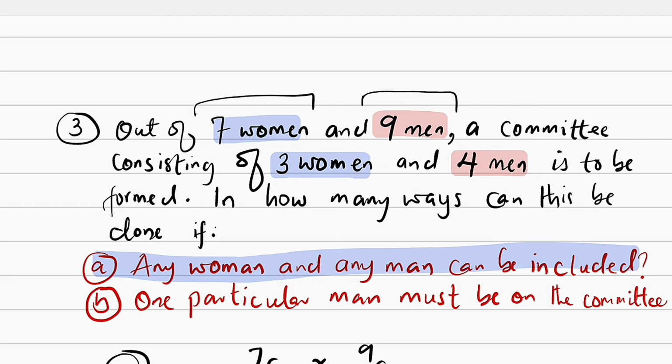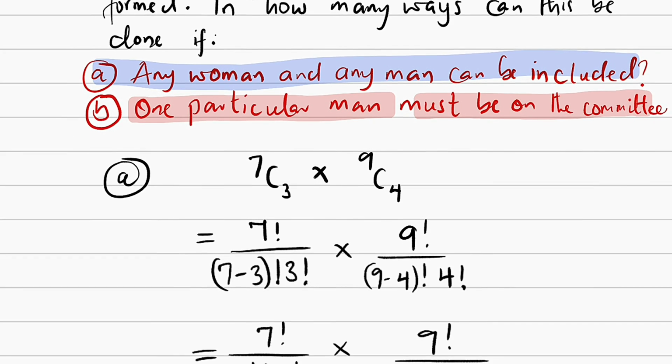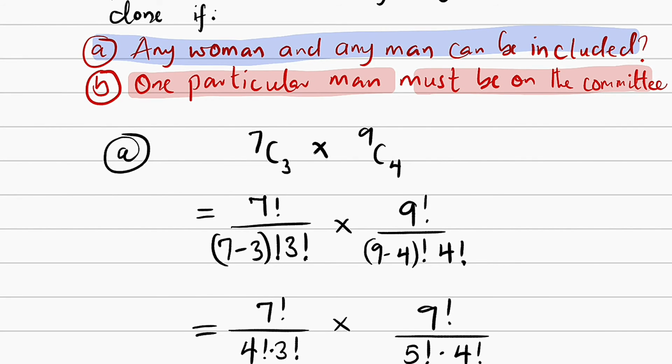So now let us take the second condition, which says that one particular man must be on the committee. So the only difference is that since we have one person constant, so from this group where we have to choose 4 men from 9 men, instead we are going to choose 3 from 8 men because 1 is constant.